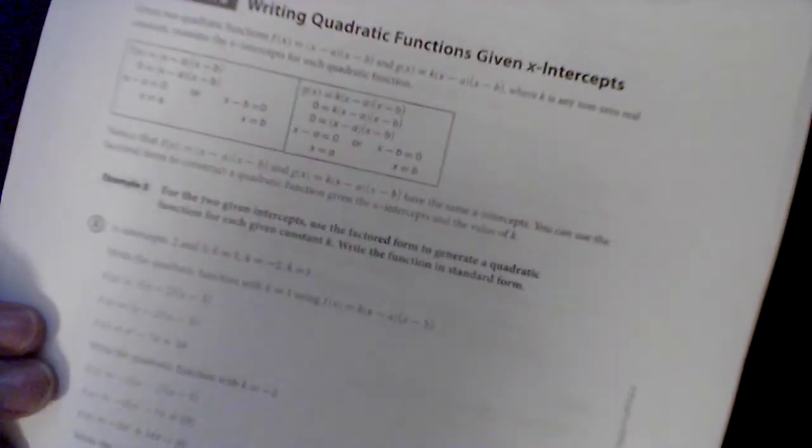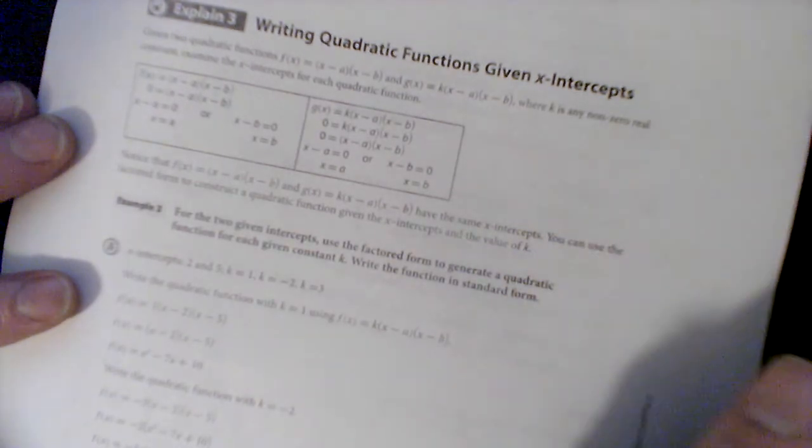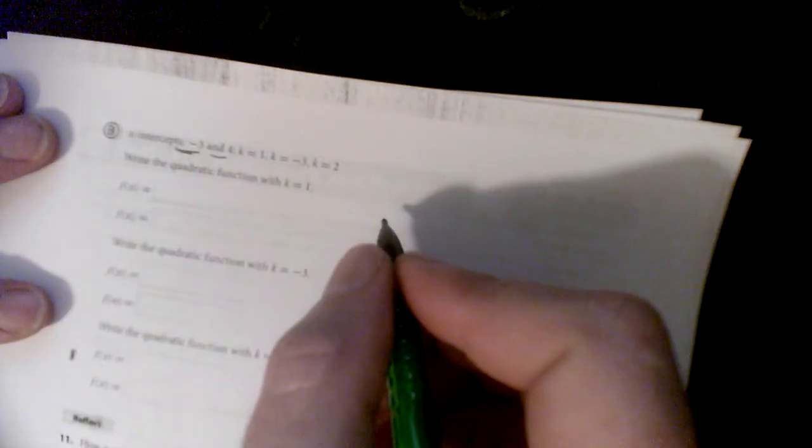Now, writing a quadratic function, given x-intercepts. So, let us do one of these. Here we go. So our x-intercepts are negative 3 and 4, and k can equal 1, k can equal negative 3, and k can equal 2.